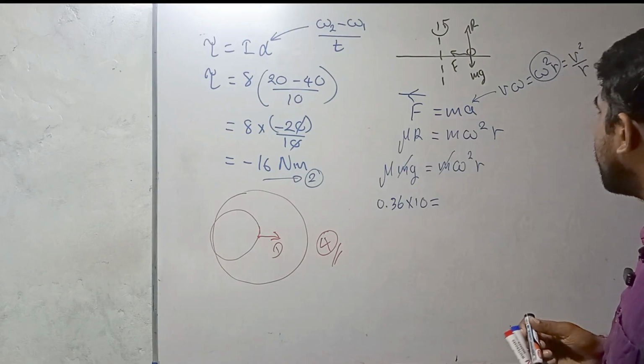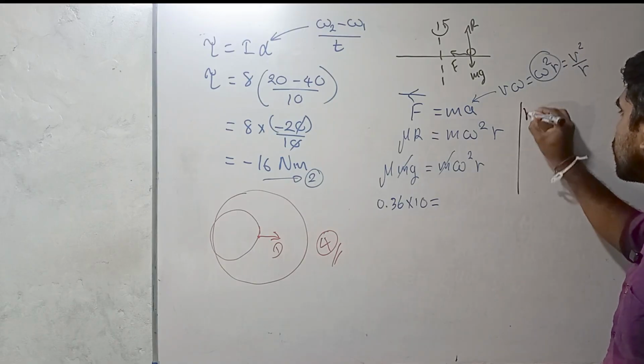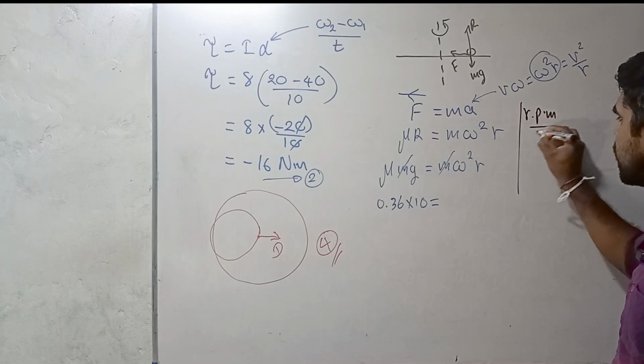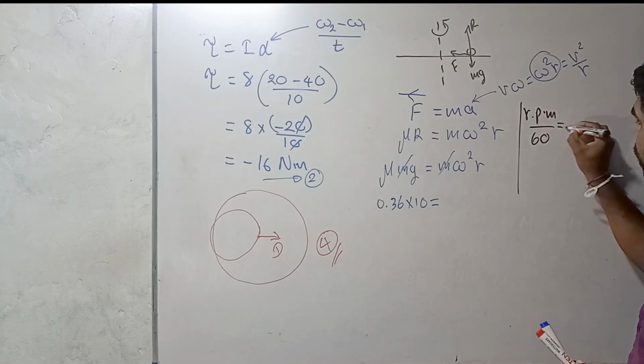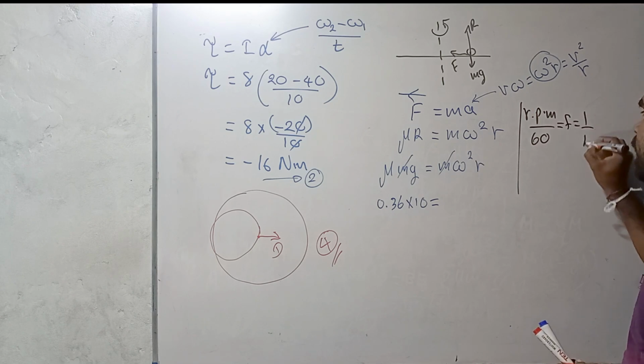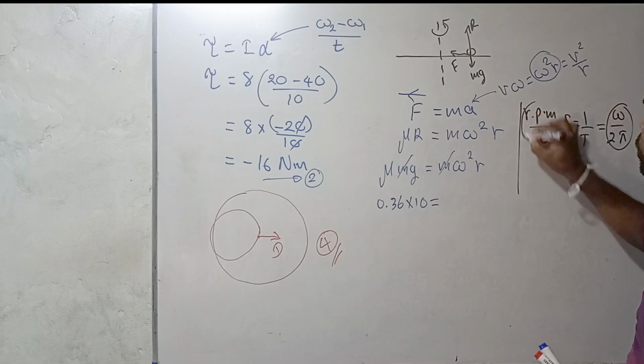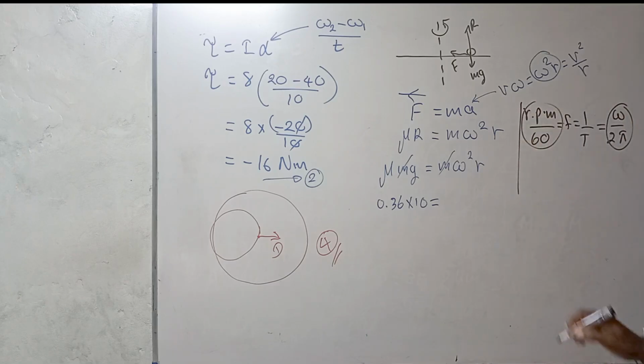We know that rpm divided by 60 is rps, revolutions per second, which is equal to the frequency. Frequency is 1 over period, and period is 2 pi over omega. Then we can use these two relationships to find omega.